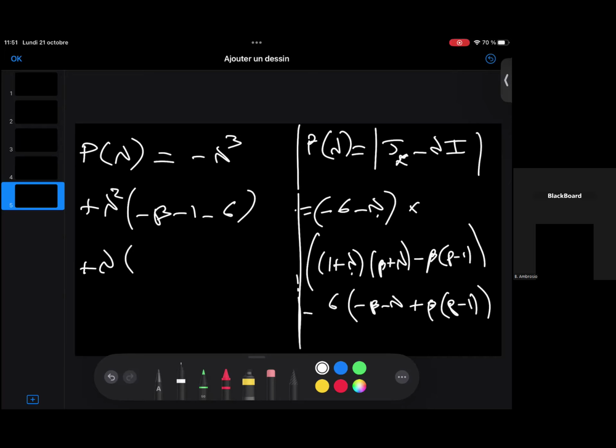Then for lambda, I get minus beta, minus sigma beta, minus sigma, plus beta (rho minus 1), then plus sigma beta.